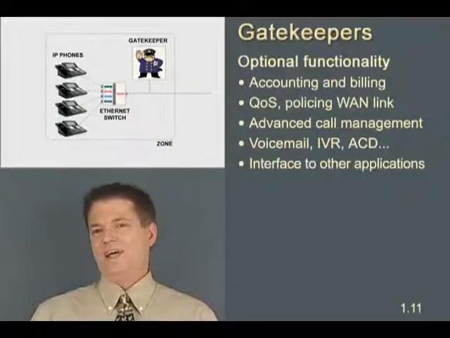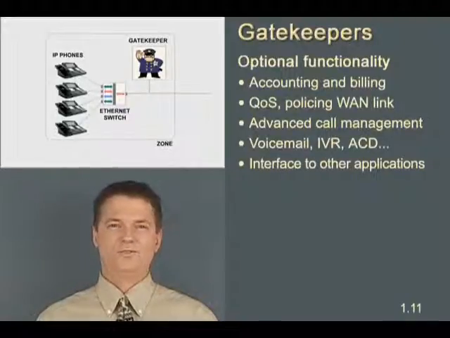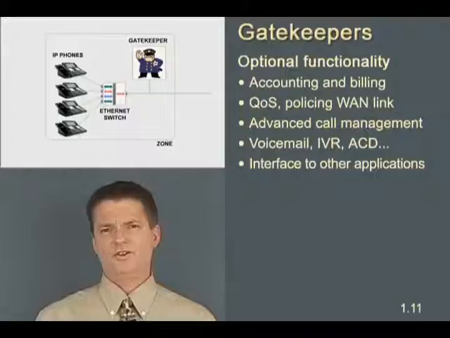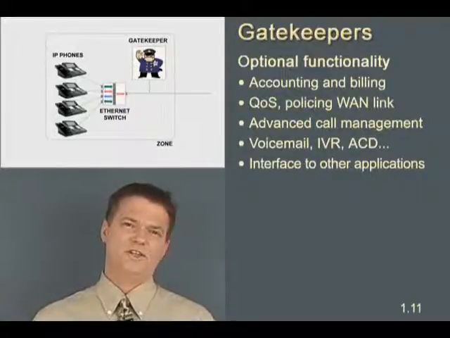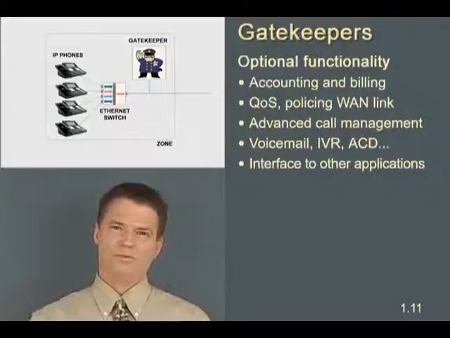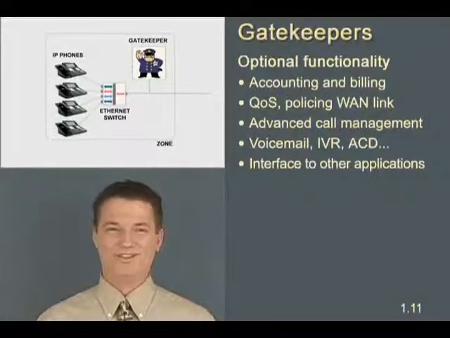Now, there's no end to the list of functions that a particular vendor could include on their box. Advanced calling features like call forwarding or profiling, where you set up some profiles. If I'm in my office, then I want these phone calls to come through, those ones to go directly to voicemail, these ones to get rejected with a busy signal.